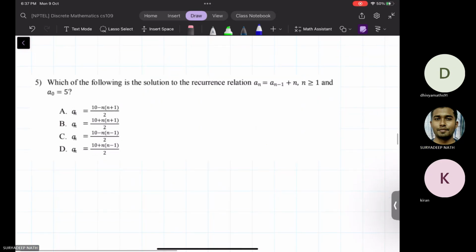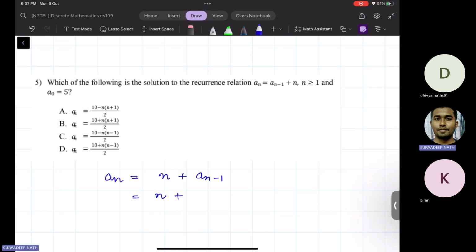Next question. Which of the following is a solution to the recurrence relation an equals an minus 1 plus n, where n is greater than or equal to 1 and a0 is 5? So we have an as n plus an minus 1.